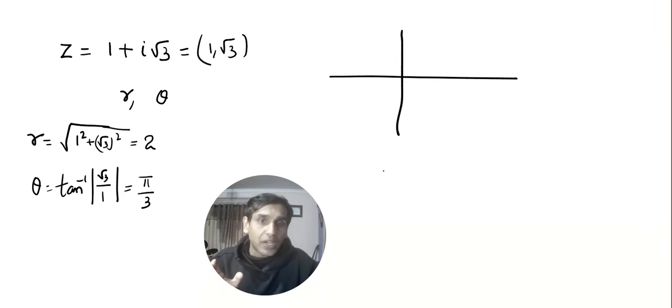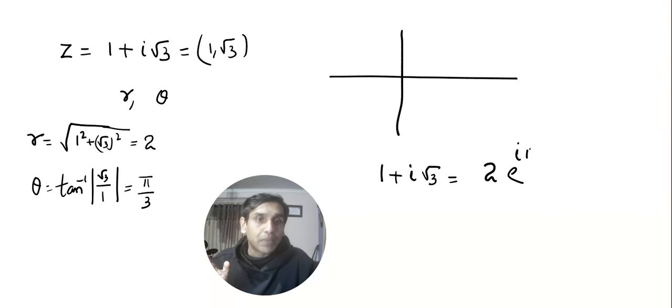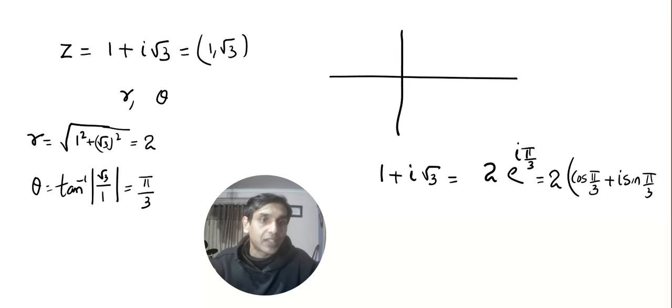That's it. Now look, I can write my complex number as r e to the power i pi by 3. Or I can write the same stuff as 2 multiplied by cos pi by 3 plus i sin pi by 3. Or I can write the same stuff as 2 cis pi by 3.